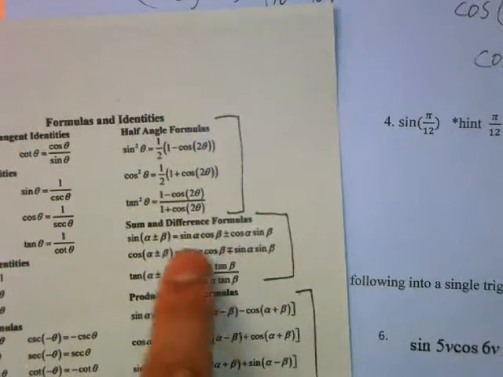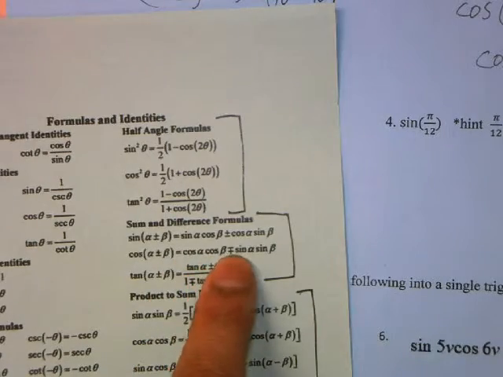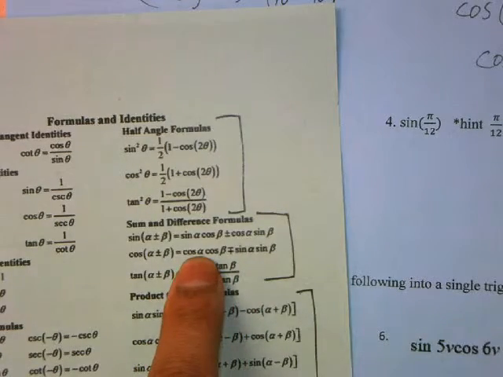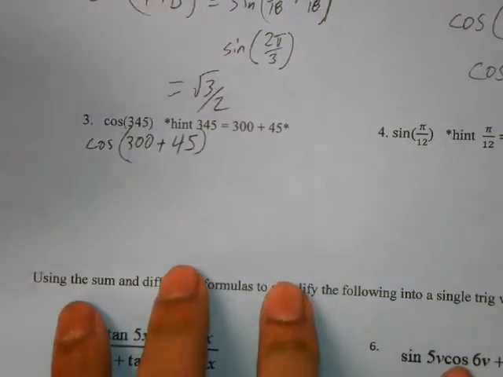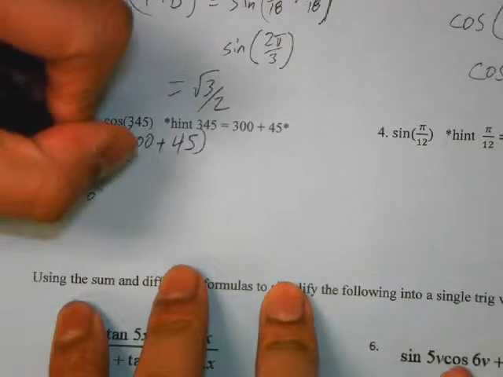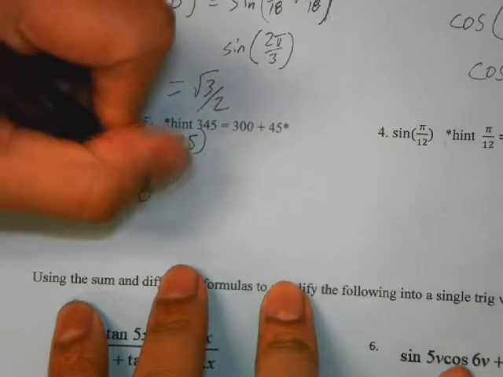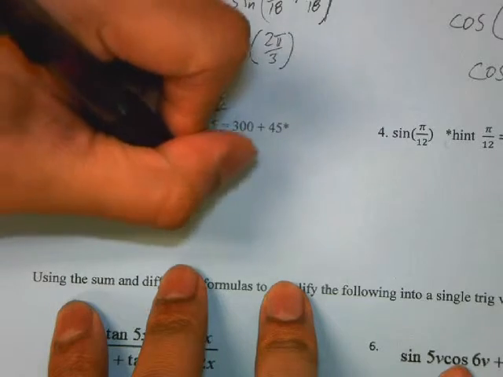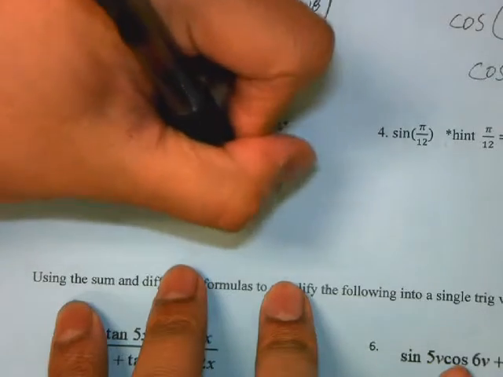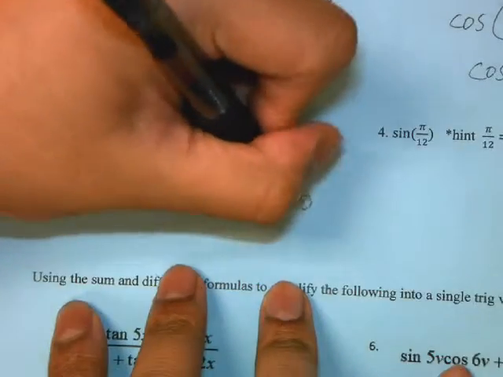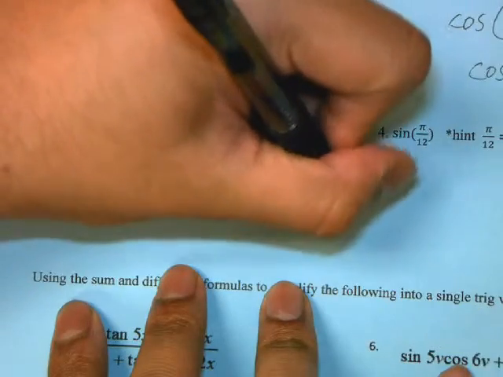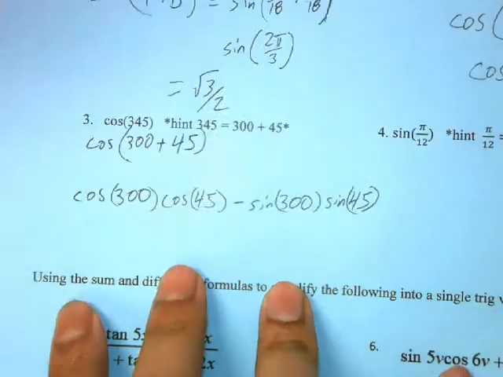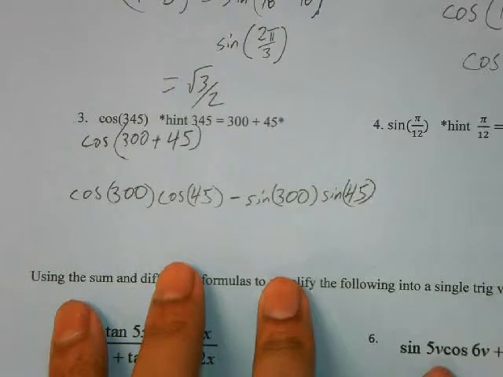So if we come here, I can fill in A and B right here, and that will set up my formula. So I'm going to end up with cosine 300 cosine 45 minus sine 300 sine 45. Well, now what? I have these broken into pieces that I can find on the unit circle.